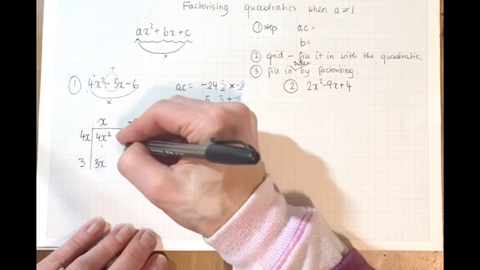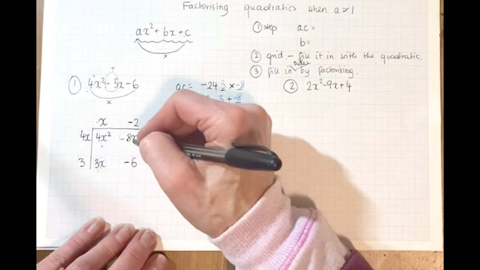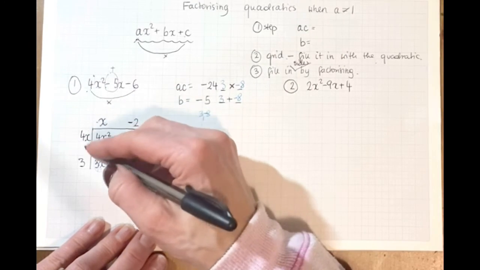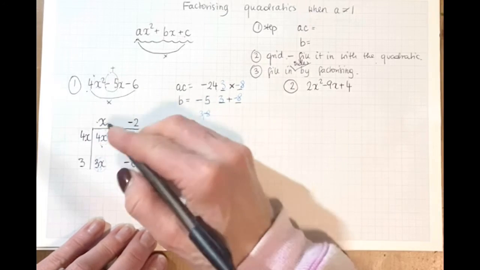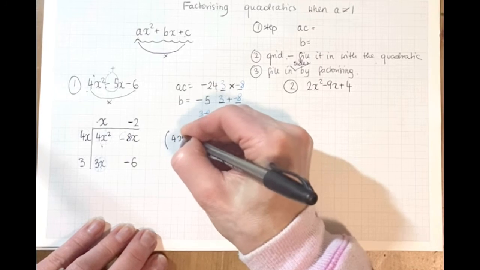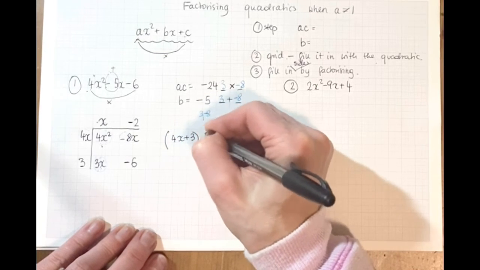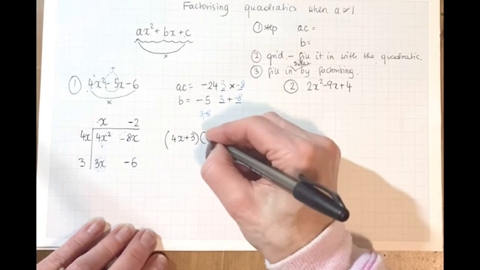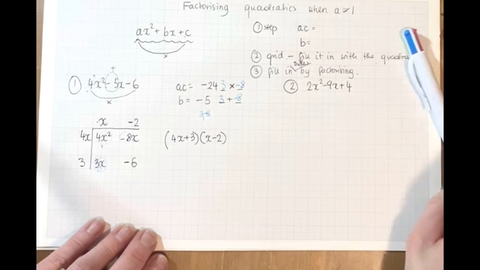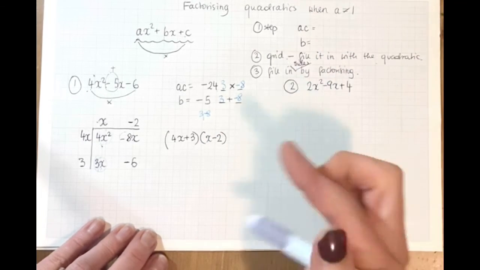And this one you can just check: minus 2 times 4x gives you minus 8x. Guess what? You found the two brackets. The two brackets are 4x plus 3 and x minus 2. That's the answer.